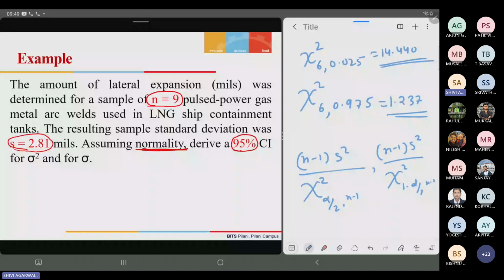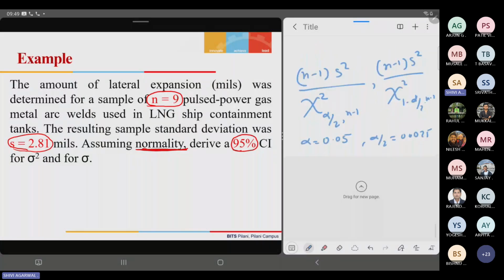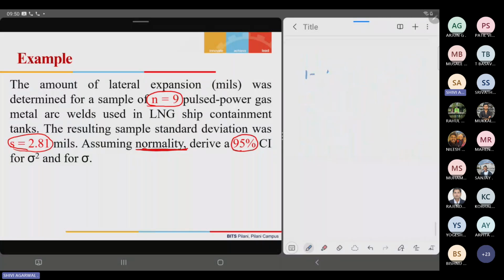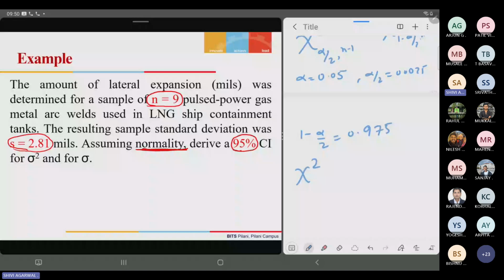This is our formula. Now alpha is 0.05, we have already done this. So alpha by 2 is 0.025. And 1 minus alpha by 2 becomes 0.975.